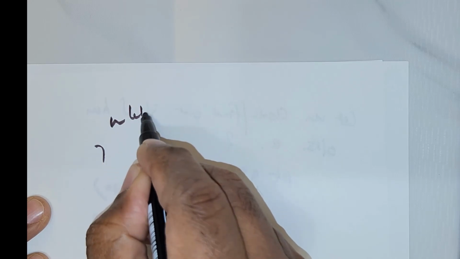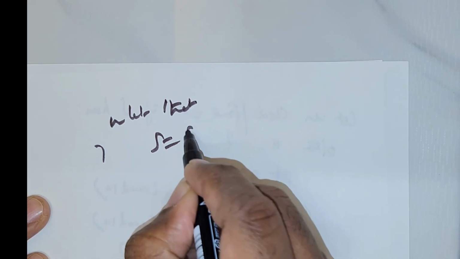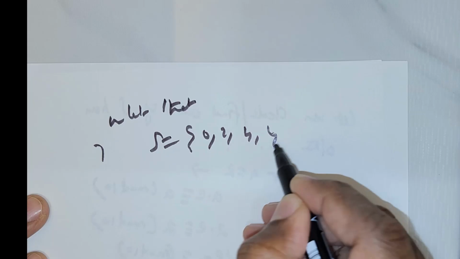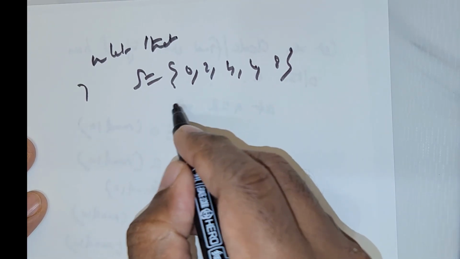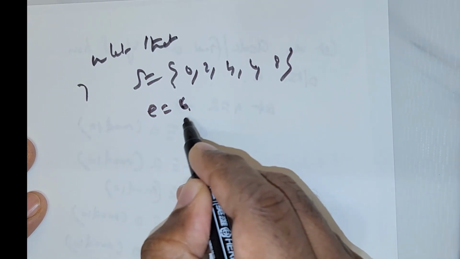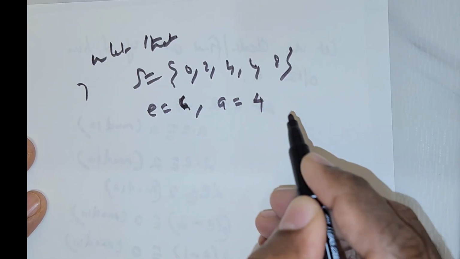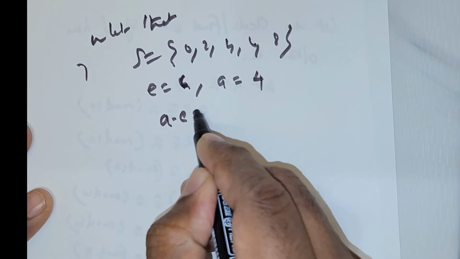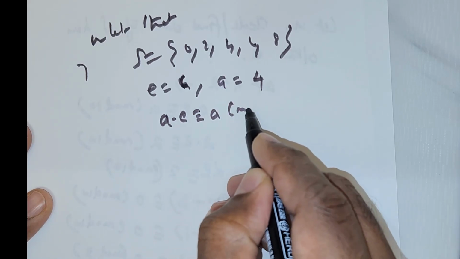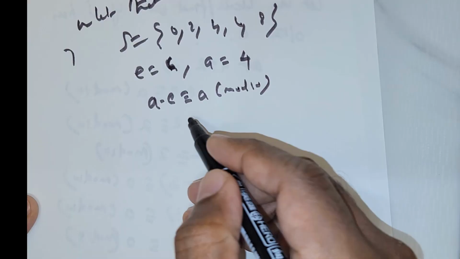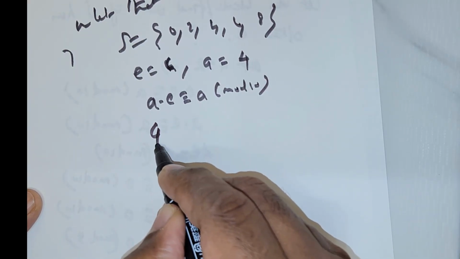Now we know that S is equal to 0, 2, 4, 6, 8. Now I'm going to take, say, A is equal to 4. So A times E is congruent to A mod 10. This should hold true. So A is 4.